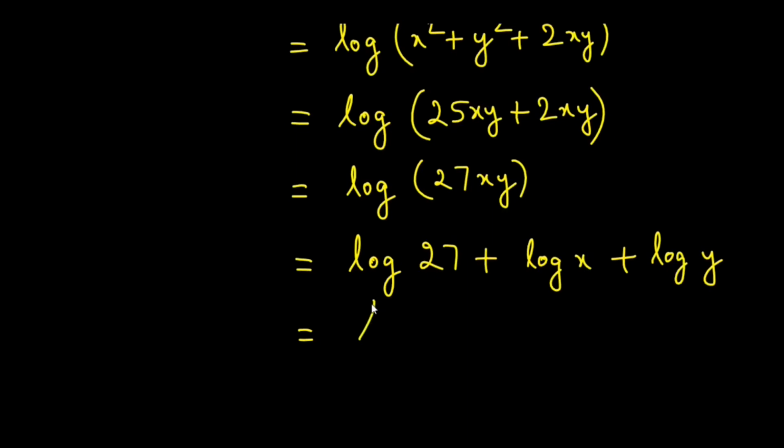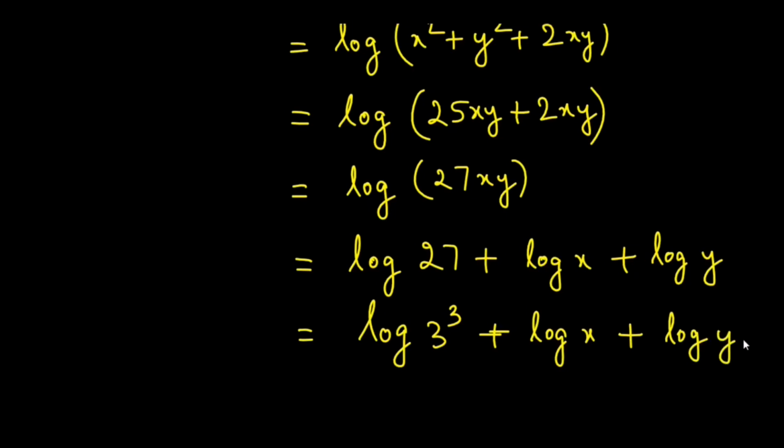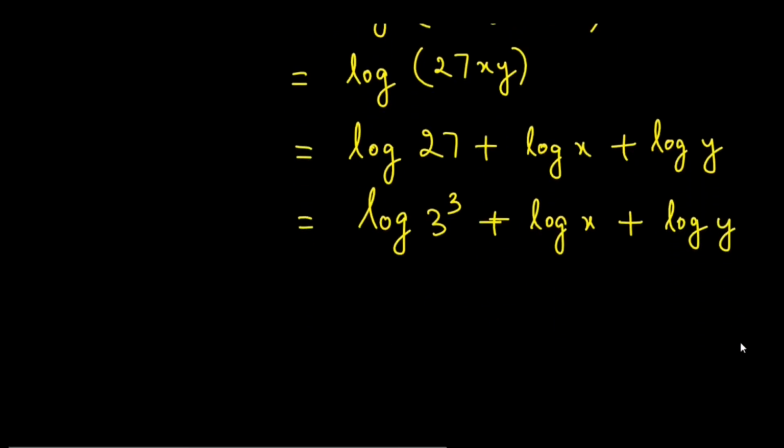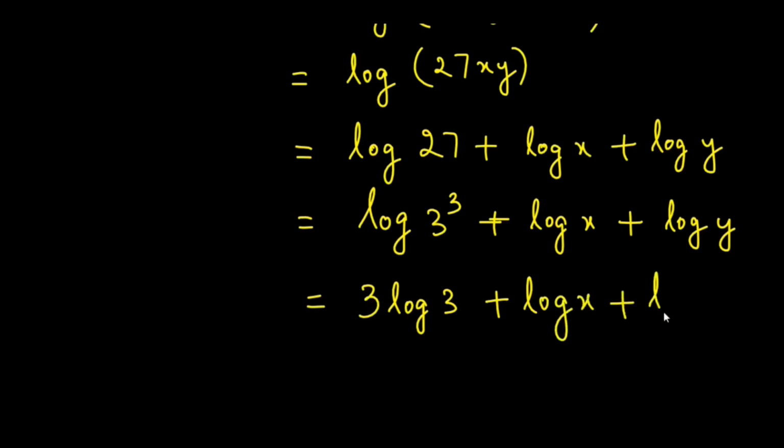So this becomes log 3 power 3 plus log x plus log y. Now applying the power rule, this can be written as 3 into log 3 plus log x plus log y. So we got the RHS here.